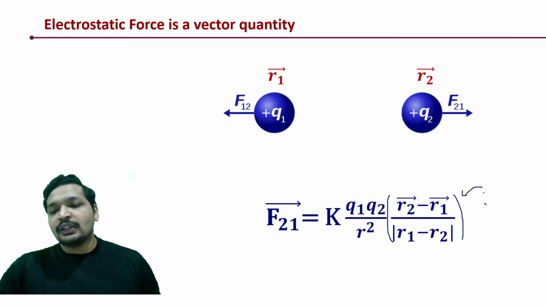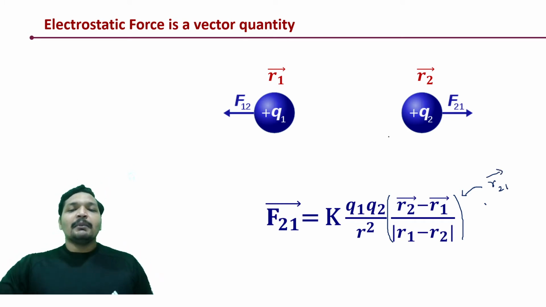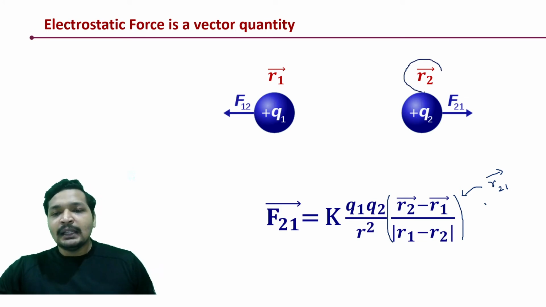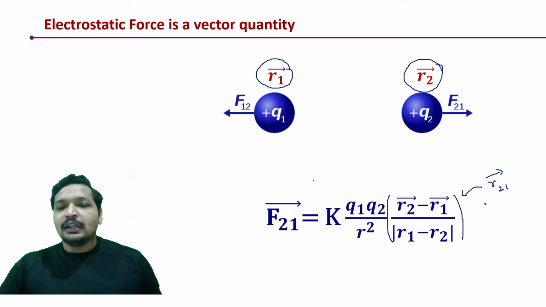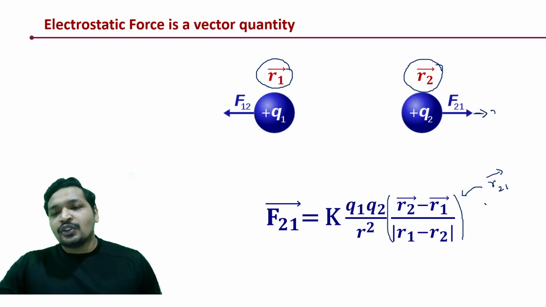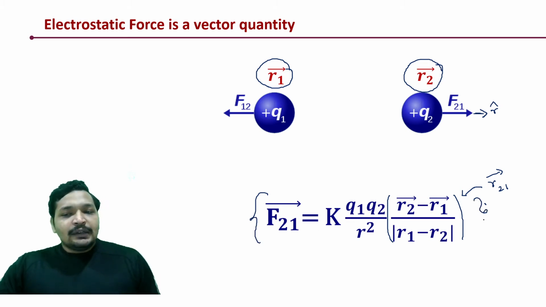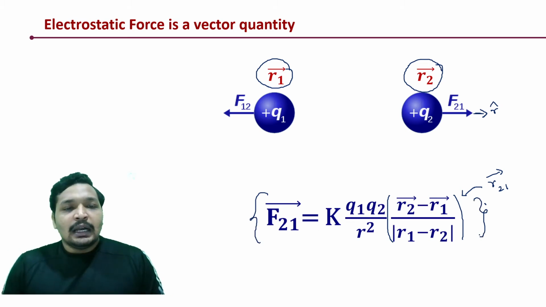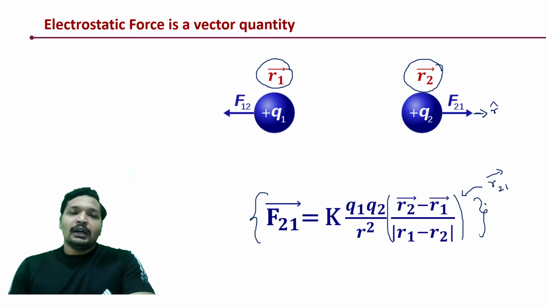We are still dealing with F21. This is your r21 cap, but what you have to understand is it's final minus initial divided by the magnitude of the distance between them. There you get that r cap, the unit vector along the line joining the charges. That's it. We have expressed the electrostatic force as a vector quantity, which is a very important part of our understanding.